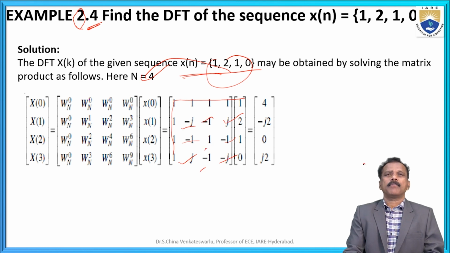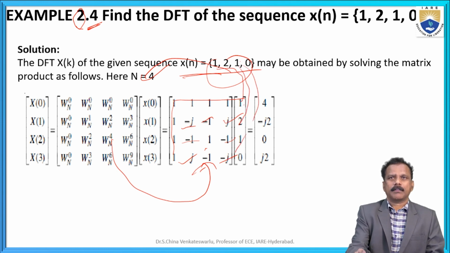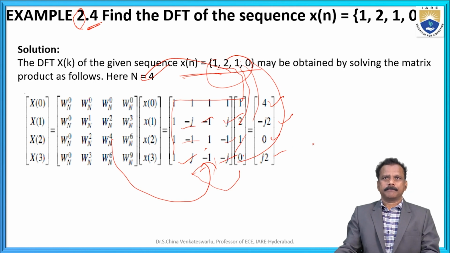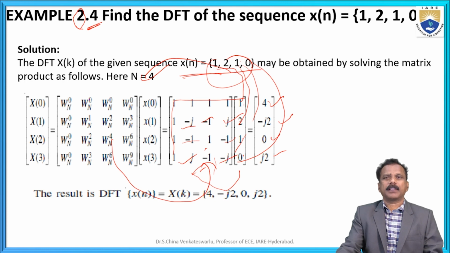After simplifying, we multiply the matrix with x of 0, x of 1, x of 2, x of 3, and we expect the result 4, minus j2, 0, plus j2.